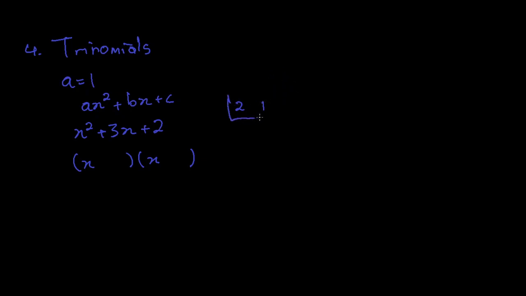If you add these two, they give you 3. If you subtract, they give you 1. Since when you add them they give us 3, we are able to use them. You can put them either way, 2 1 or 1 2, it depends on you.